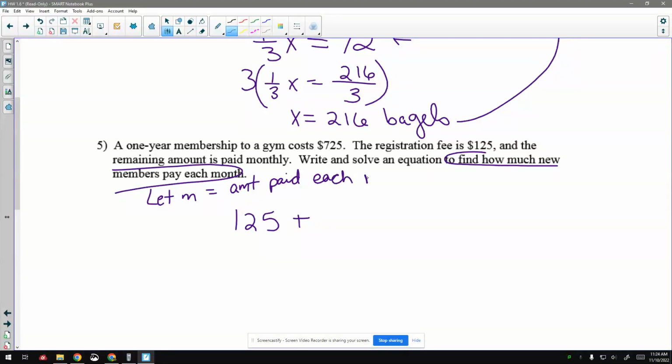And they say new members because you only pay that registration fee once. So 125 plus the remaining. So the remaining is how much they pay each month.